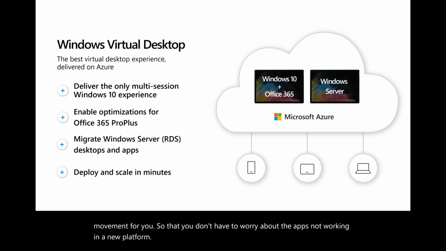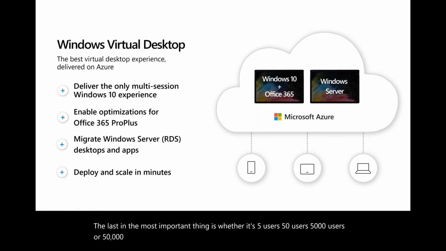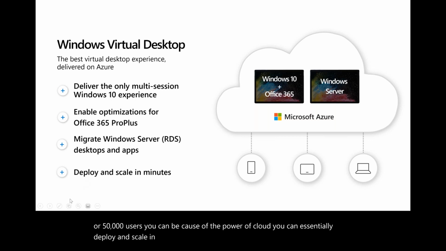The last and the most important thing is whether it's 5 users, 50 users, 5,000 users, or 50,000 users, because of the power of cloud, you can essentially deploy and scale in minutes. And we have seen organizations which have gone live with thousands of users over a 1 or 2 day period.